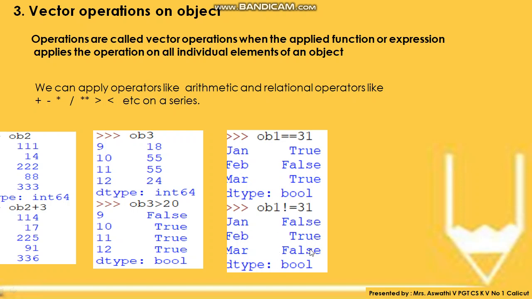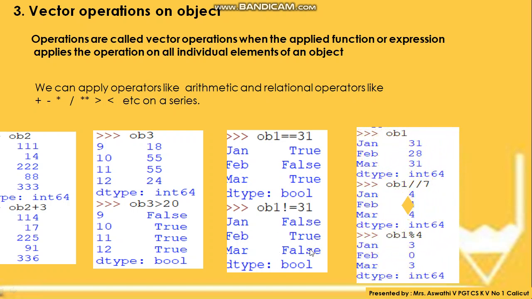Okay. You see the next one, that is here OB1 is given. OB1 floor division 7. Floor division 7 means divide by 7 and take the integer part. All cases it will be 4 only. Whereas percentage 4 will give the remainder after division. So you can see that for 31 it is 3 and 28 is perfectly divisible by 4.